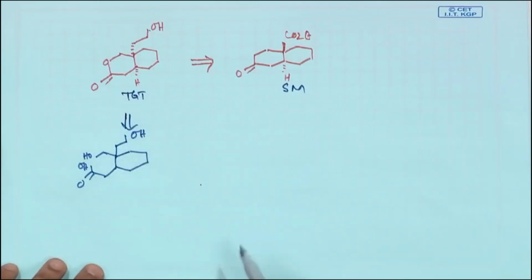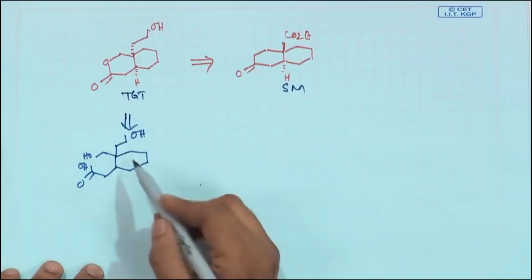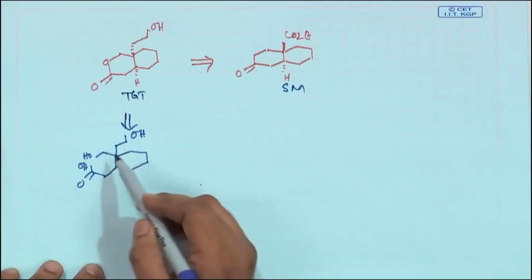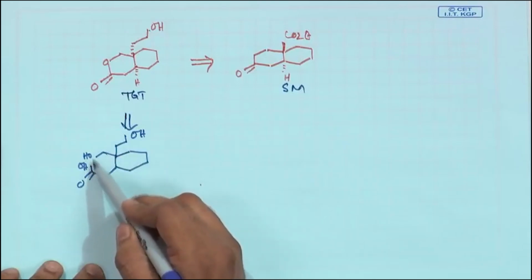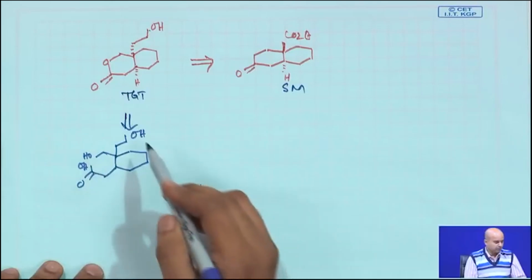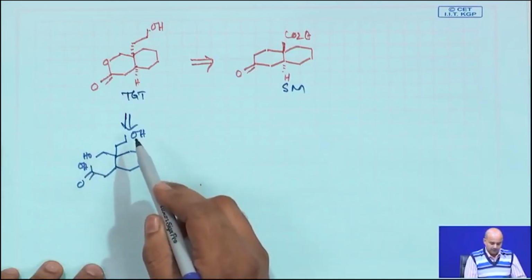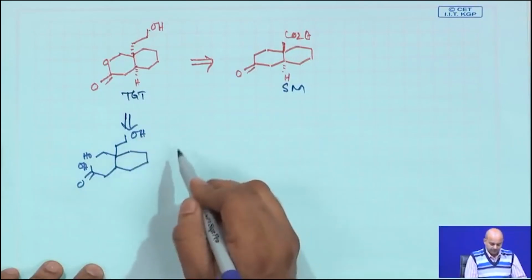Eventually there are two different OH, and you need to make sure that only this OH reacts with this lactone, or otherwise you can protect one of these OH.